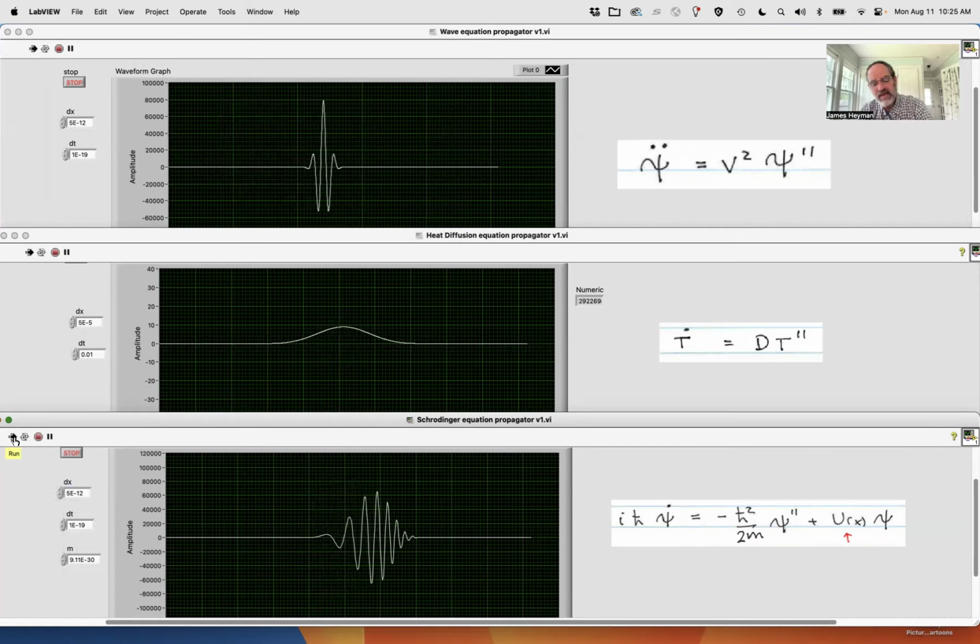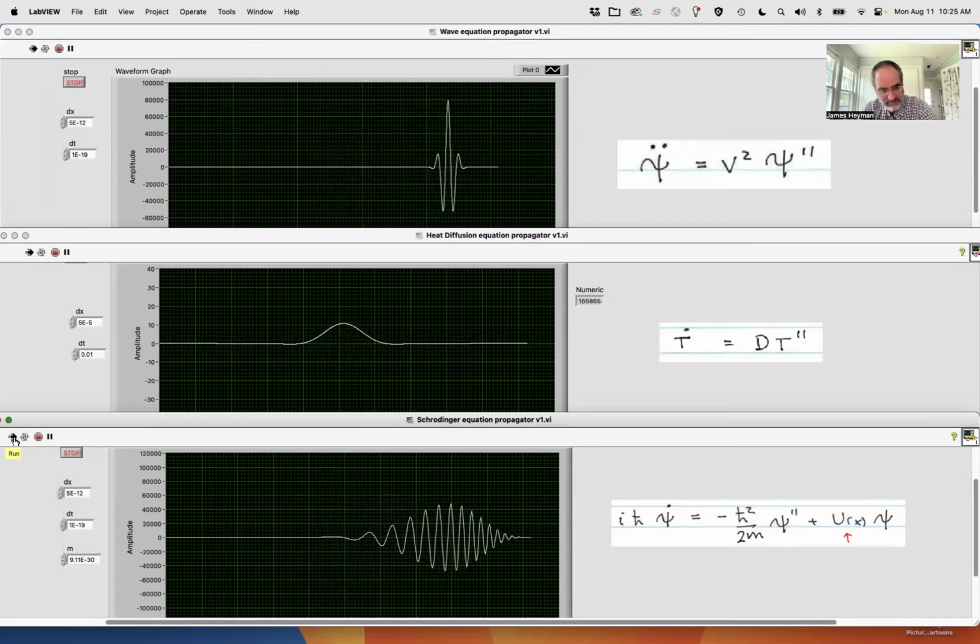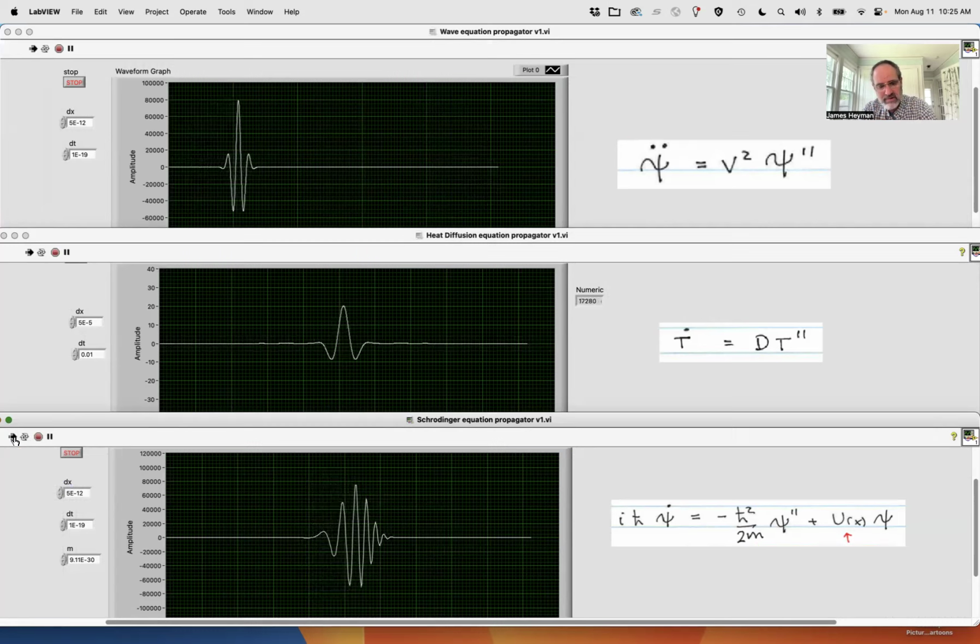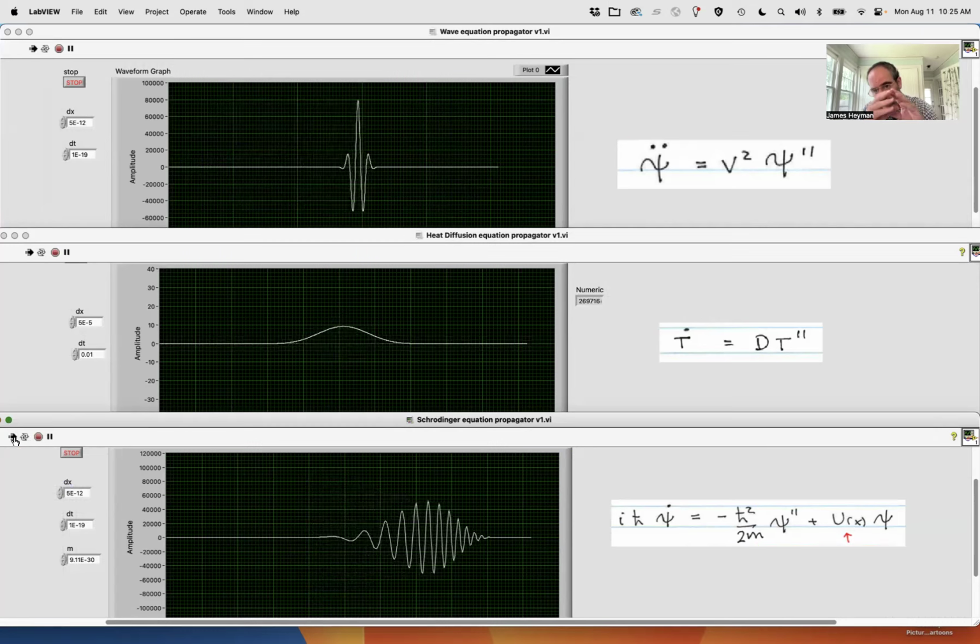Now, we see the behavior that we saw when we talked about dispersion in waves. When we numerically integrate Schrodinger's equation, we get a wave packet that moves to the right, but also spreads out as it moves.